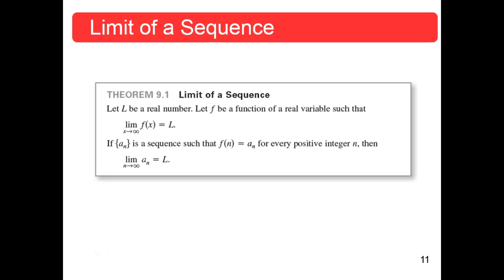If f is a function such that it converges as x goes to infinity, where x is any value, all real numbers, and f of n, when n is just your positive integers, equals a sub n for every positive integer n, then the sequence will also converge, and it'll converge to the same thing.